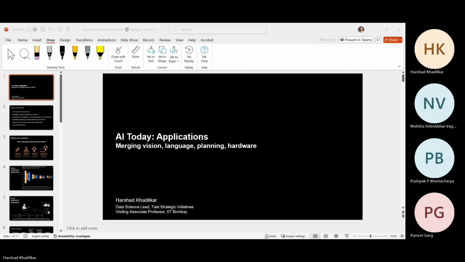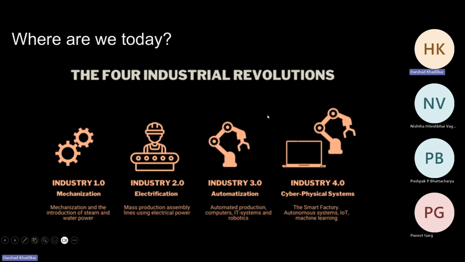So to give you some context on why AI for robotics, we need to look at a little bit of history. Okay, and specifically the concept of Industry 4.0. Have people heard of this term before? You probably have seen it in newspapers or popular magazines. The idea there is that we are currently talking about Industry 4.0.